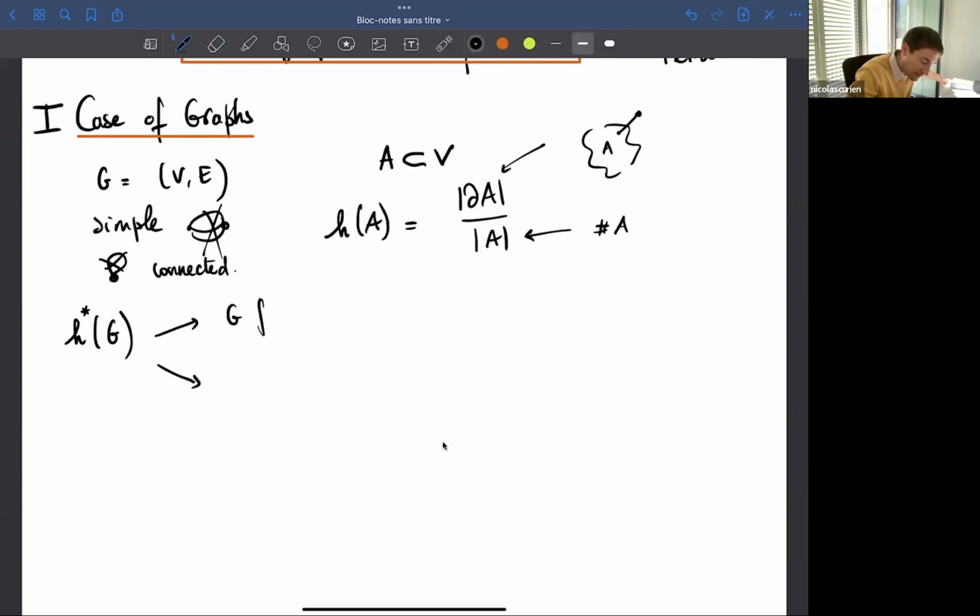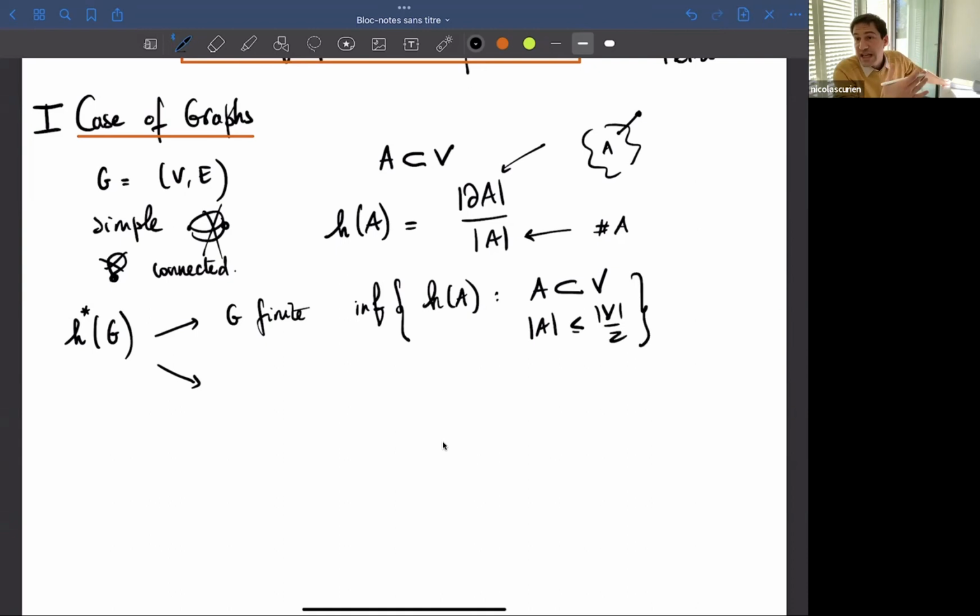If G is finite, it's just the infimum of the isoperimetry of subsets A, where A runs over all subsets of vertices, provided that the size of A is less than the total number of vertices divided by 2. Why?